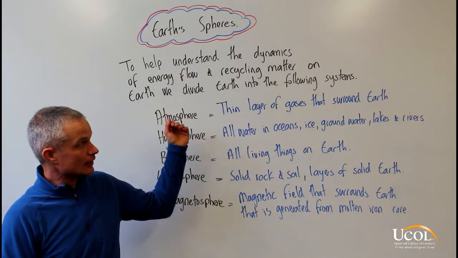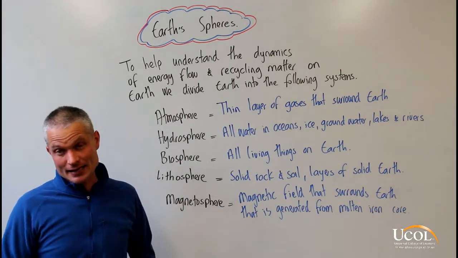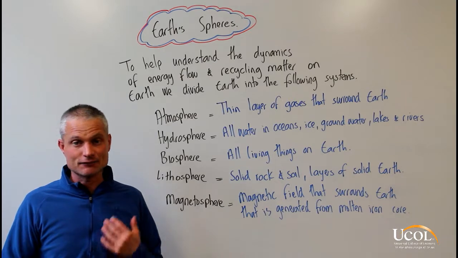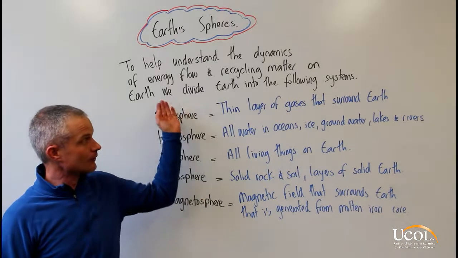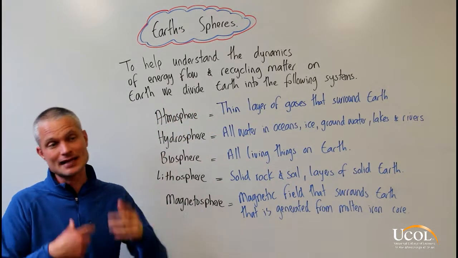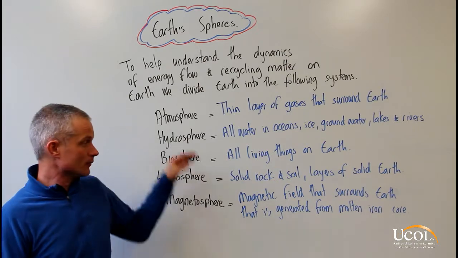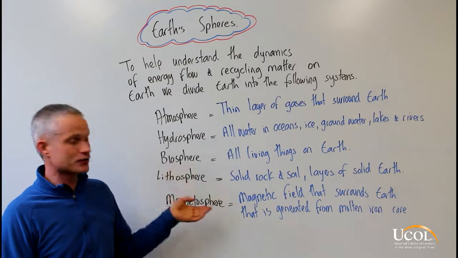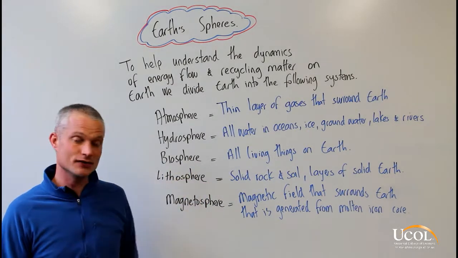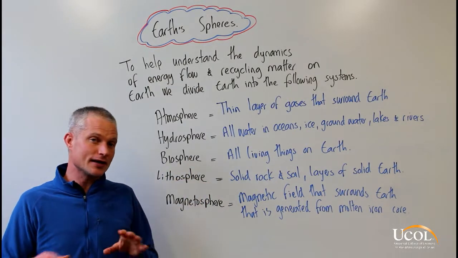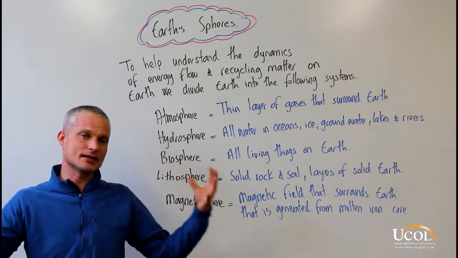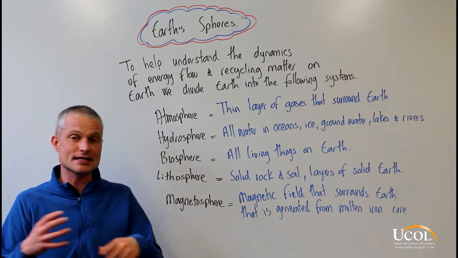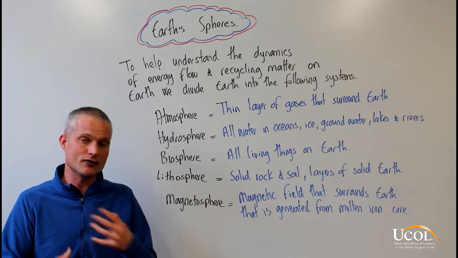So when we're trying to understand the function of Earth and how energy is moving through it and how matter is being recycled on Earth, we refer to these terms. So we refer to the atmosphere, hydrosphere, biosphere, lithosphere and magnetosphere as a way of, in big picture terms, understanding how Earth works.